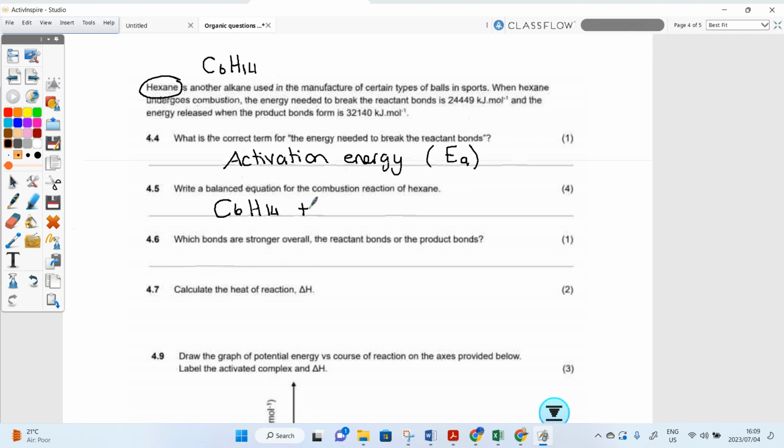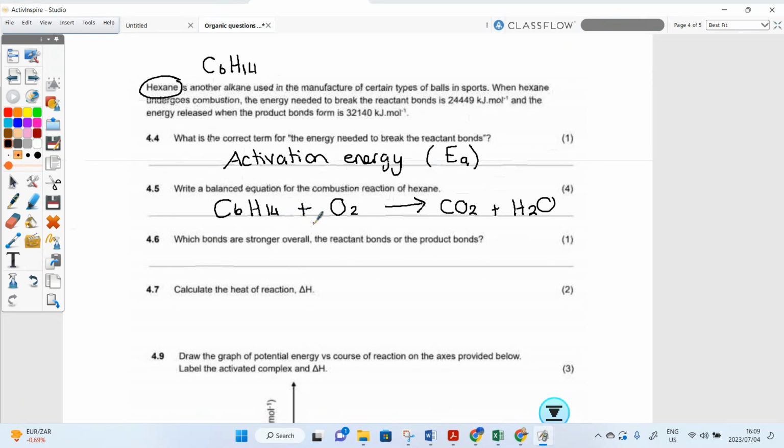Combustion is always plus O2. And what are the products always going to be? We should actually say complete combustion. If it doesn't tell you, just assume complete.